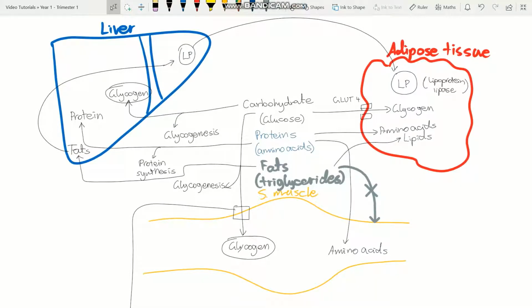And so in terms of the process of the storage of macromolecules, which are outlined here, these are the main processes that actually occur.